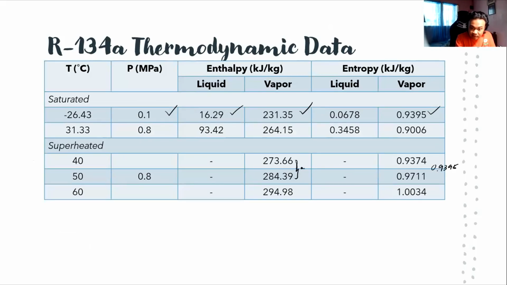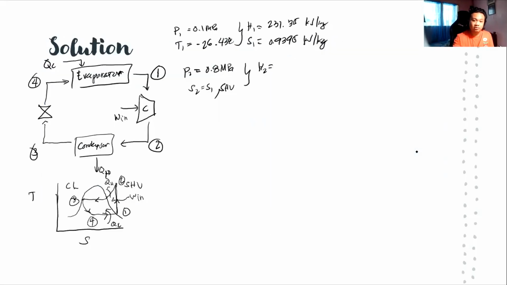So we can also get the H2 here, because we are told that we have to have the same entropy. That's why we are interpolating. So if you don't know how to interpolate, the value of H2 here is 274.33 kilojoules per kilogram.